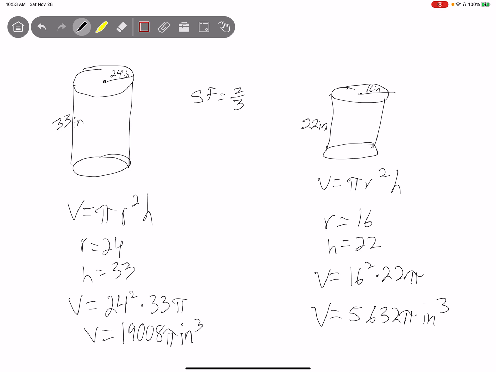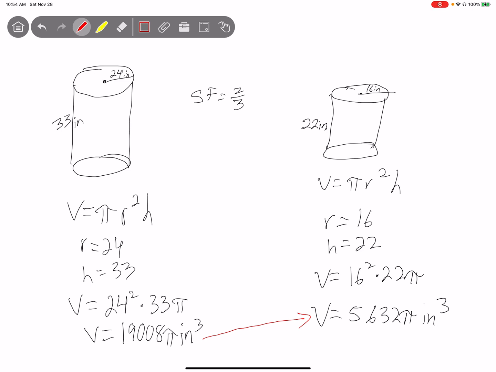So what happened? Well, it's just like when we compared sides with scale factors a couple units ago, right? To know what happens, we're going to have to make a ratio. I'm trying to figure out how I went from 19,008 pi to 5,632 pi.